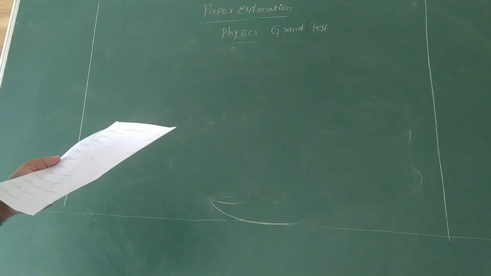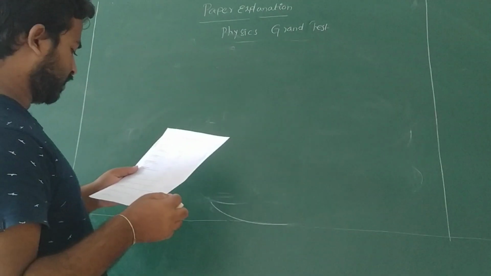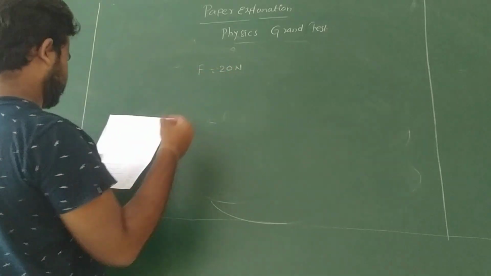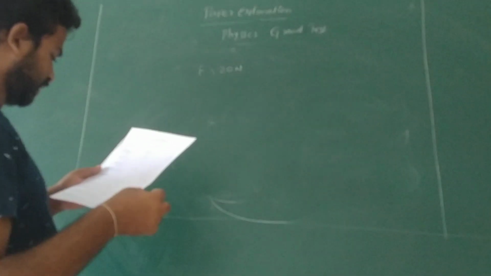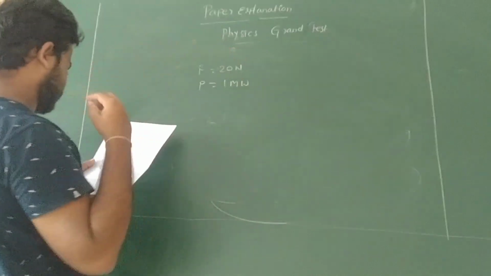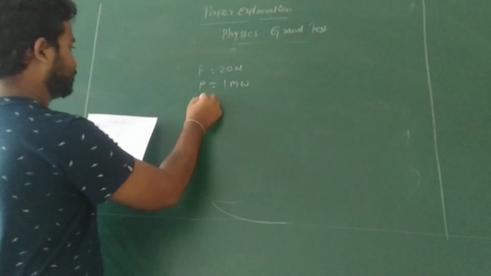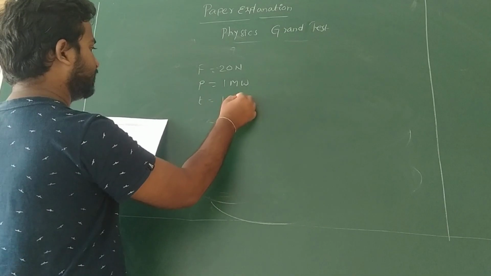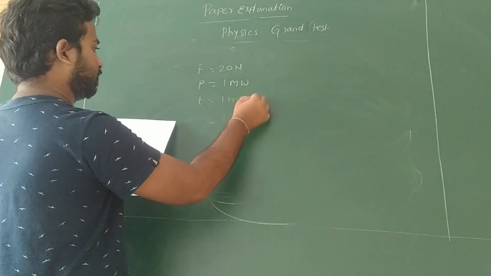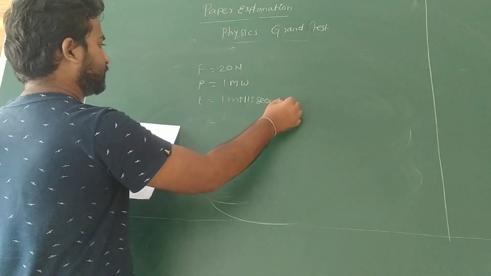Next one, the eighth question. They given that the unit of force is 20 newtons, power equal to 1 megawatt, and time is 1 millisecond. It is not meter, it is millisecond.